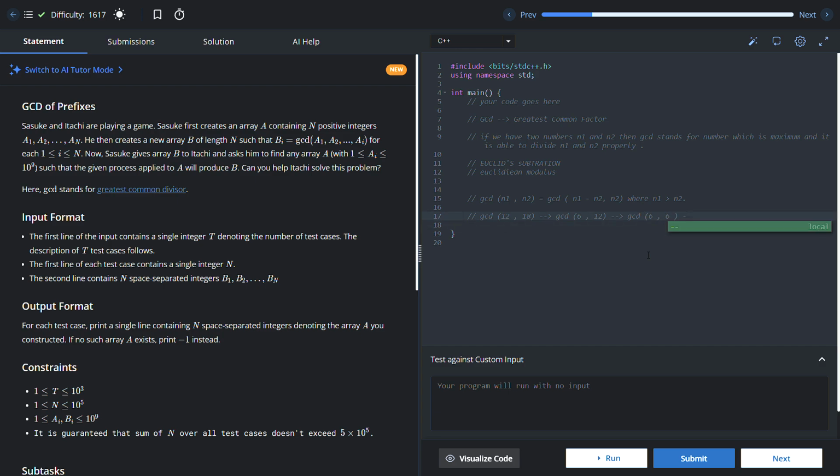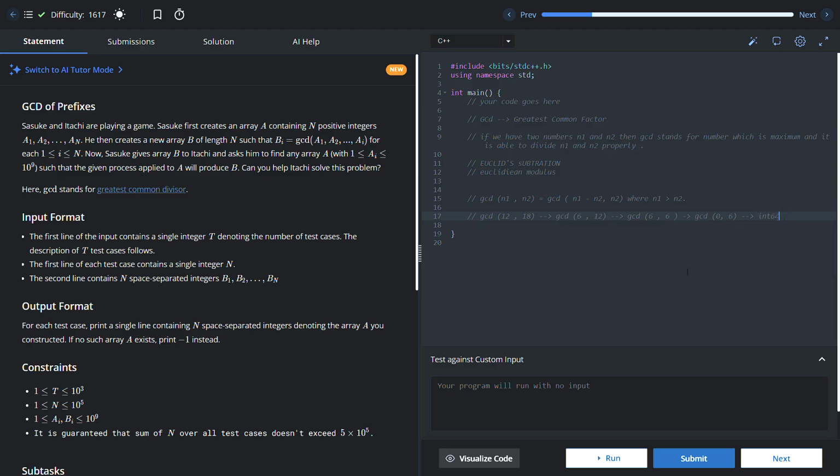Go next, GCD of max minus min, that is 0, and the minimum number will be 6. So the GCD of 12 comma 18 is 6.